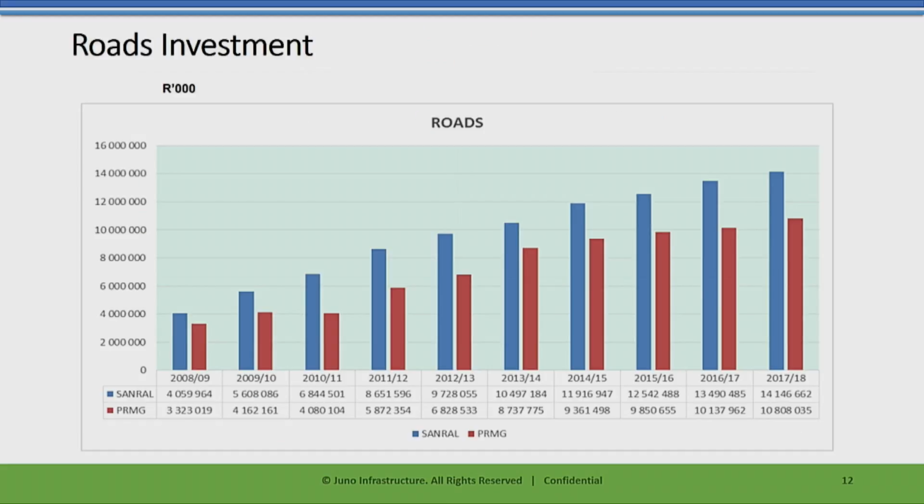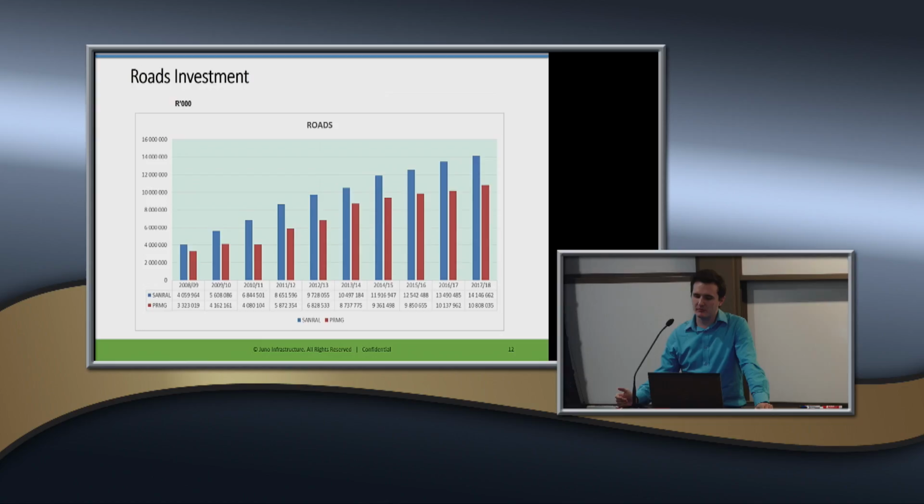From a budget point of view, South Africa is every year increasing its investment into its roads. And in the past, the investment was a general expense. But you'll see later that we've taken the idea that you don't use your road as expenses. You invest in your roads, you invest in your assets.